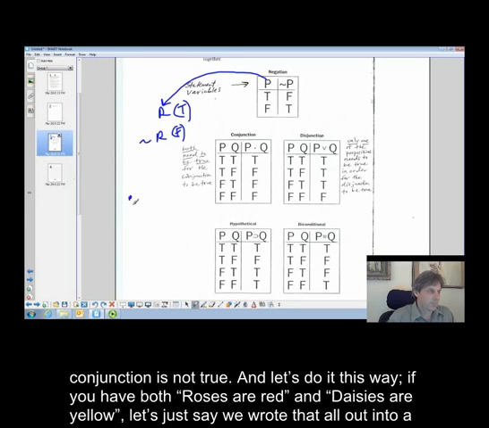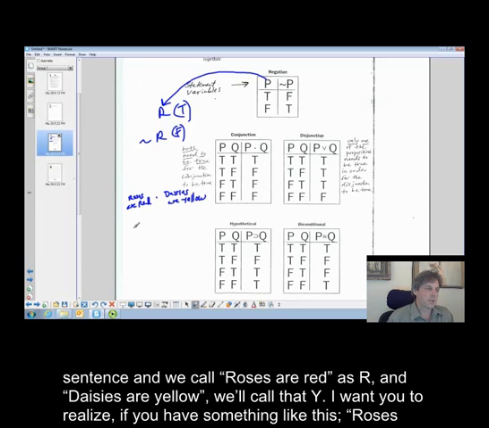And let's do it this way. If you have both roses are red and daisies are yellow, okay, let's just say we wrote that all out into a sentence. And we call roses are red R, and daisies are yellow, we'll call that Y. Okay?